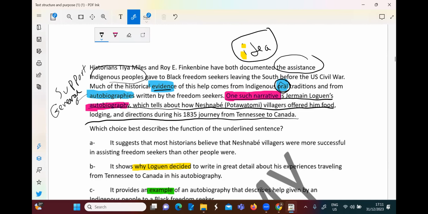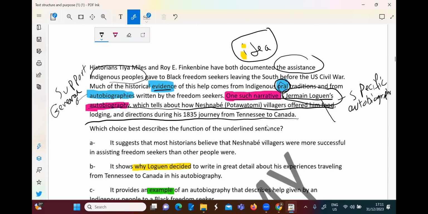Then, one such narrative is Jermain Loguen's. Yes, so this is a specific person and a specific autobiography, and it's capitalized, so it's a specific one.